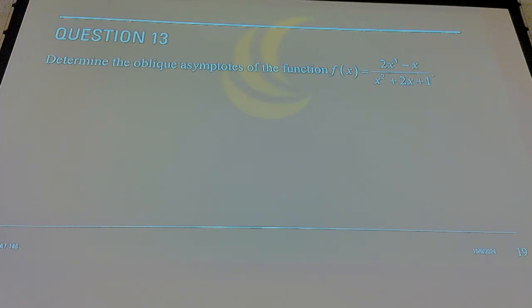Now here we definitely can't use synthetic division because the divisor is not linear. So you can't even cheat.